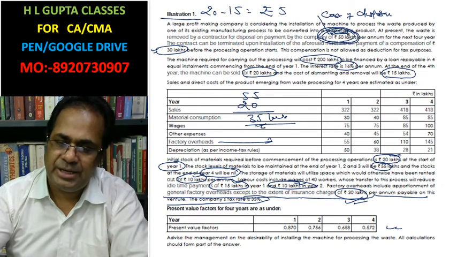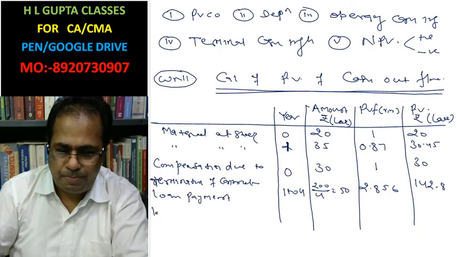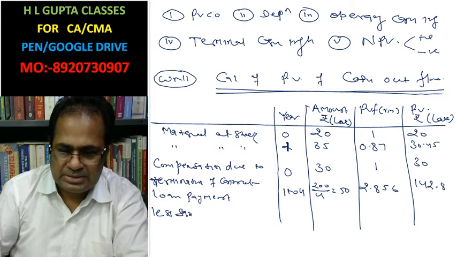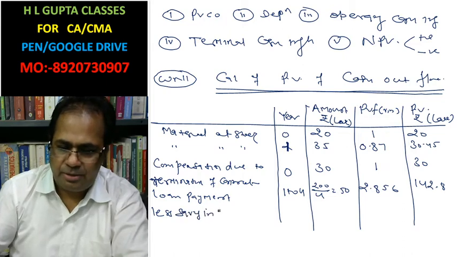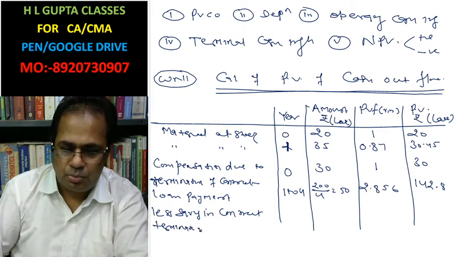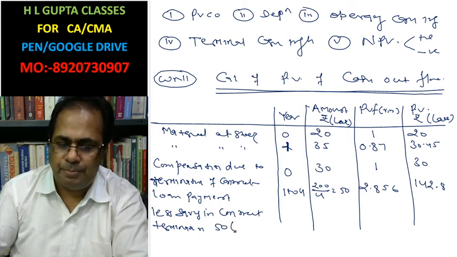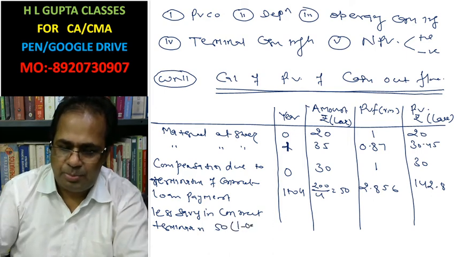The saving in contract termination is the 50 lakh you were going to pay, net of tax. The tax rate was 0.35.